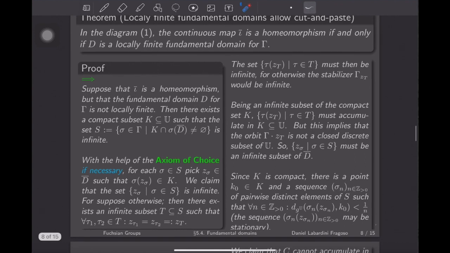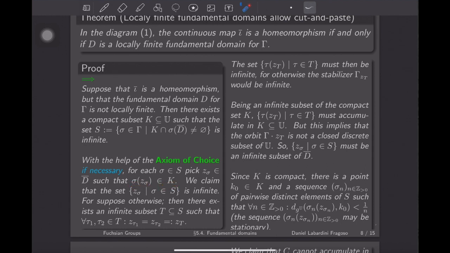Now you see, for each element in this S, I can pick someone in the corresponding intersection, which means I can pick someone in D bar whose image under sigma belongs to K. So for each element of S, I can pick an element in D bar with the property that sigma of that is in K.